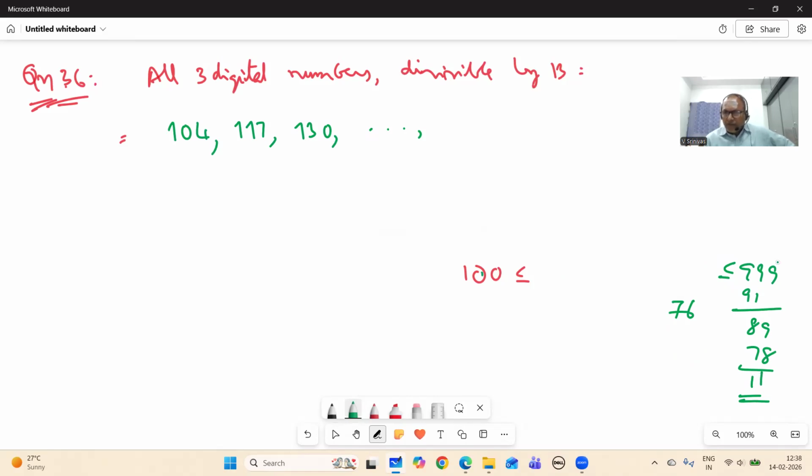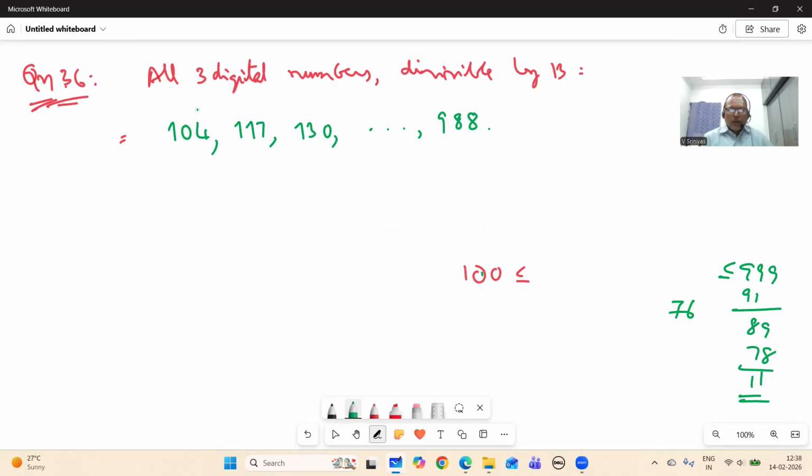You subtract 11 from 999, you get 988. This will be the number divisible by 13 and nearest to 999. The next higher multiple of 13 will be this plus 13, that is 1001. That is 4-digit.